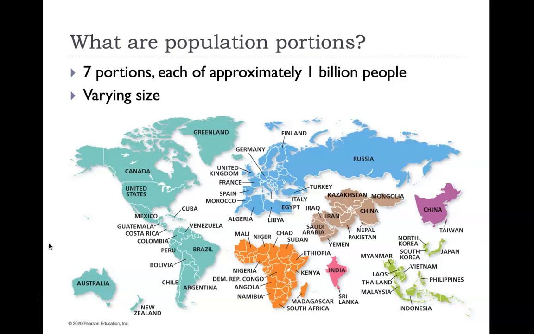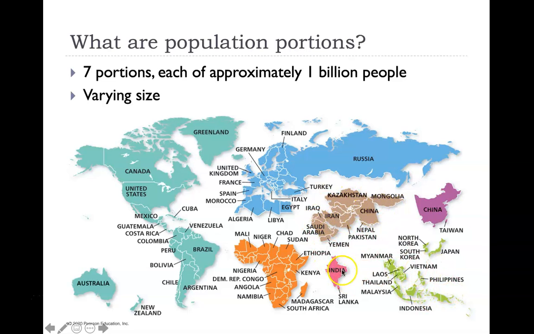All right. So the book talks about population portions. This is a relatively new concept for AP Human Geography, but it basically breaks down the world into 7 different portions. Note that where population is heavy, you don't see a lot of land, like India and China and Southeast Asia, right?